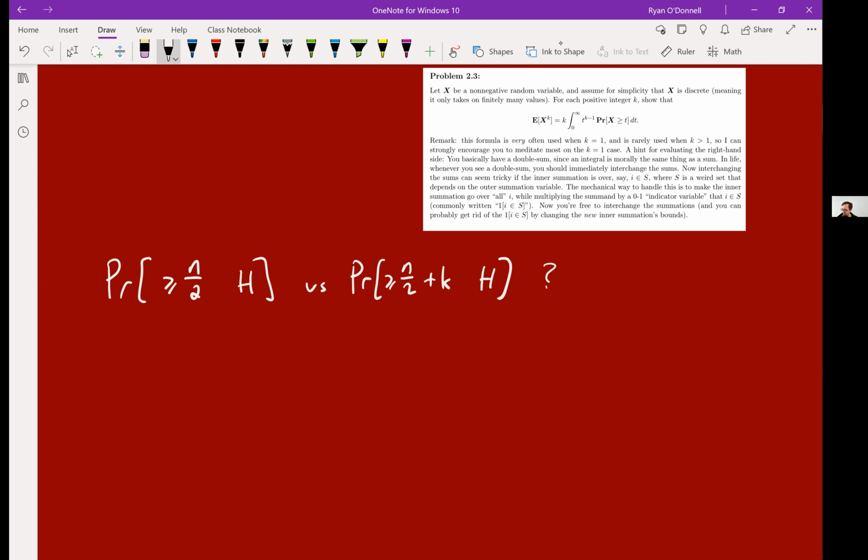We computed something like this in class. Okay, what was the result?